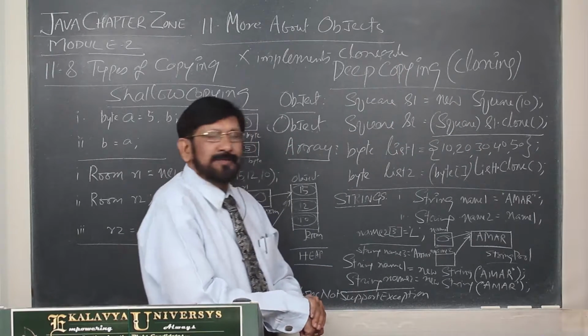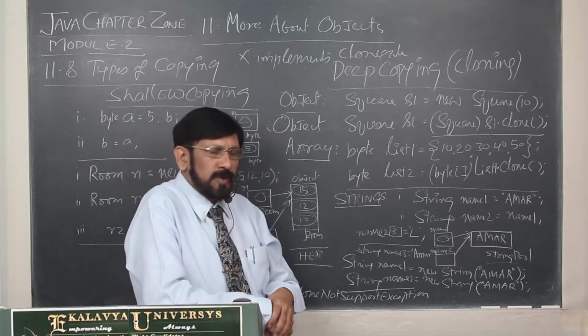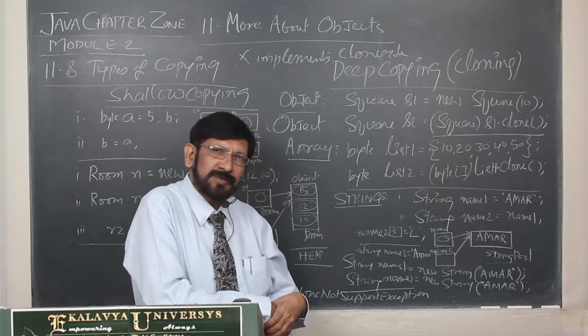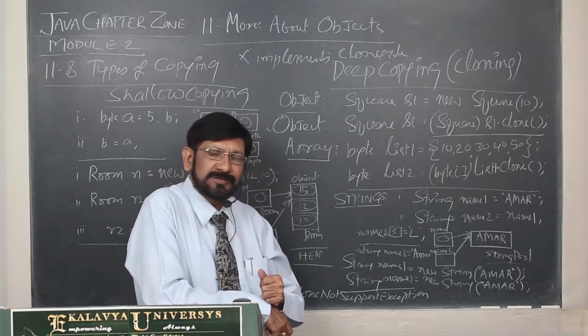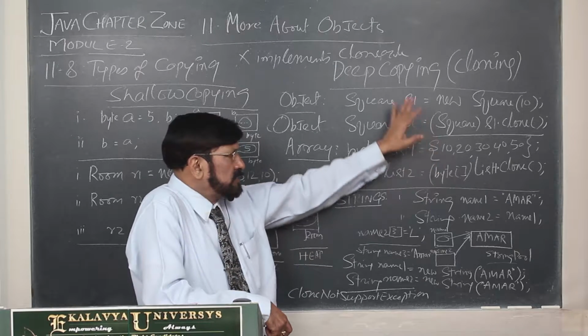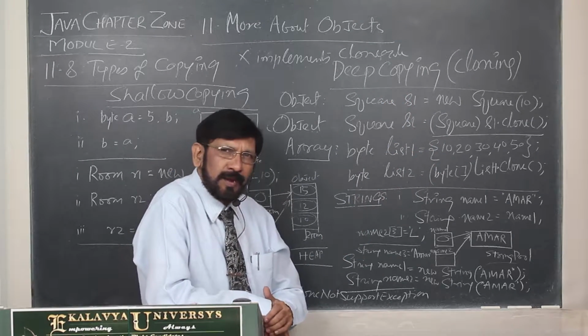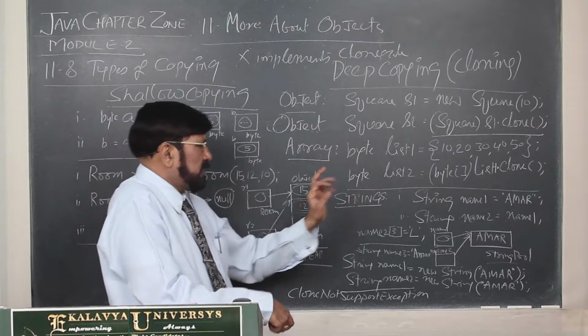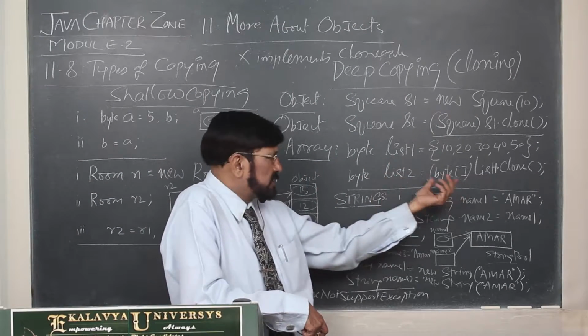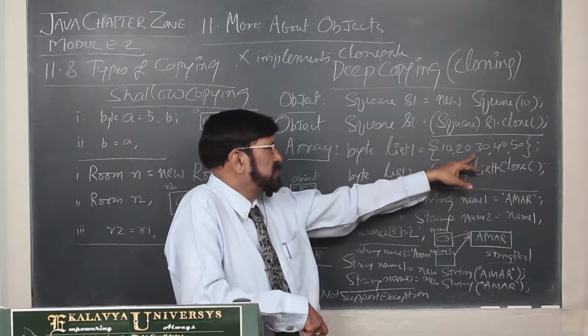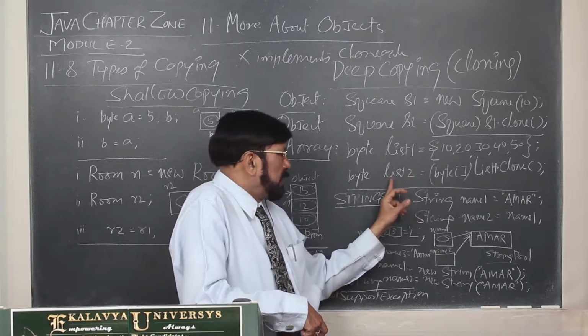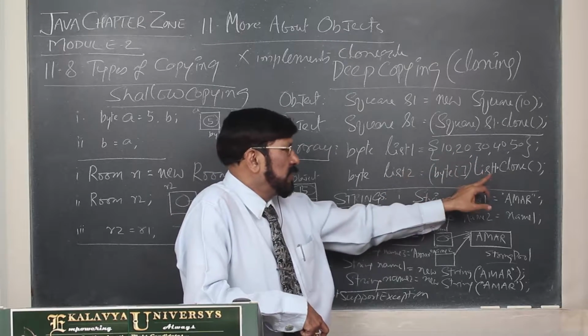And thereafter, as I told you already, an array is also one of the classes, one of the objects. So for cloning, the same principles are applicable and the same methodology you have to use. For that also I want to show you for syntax sake. List 1, this is the list 1 array. List 2, what you have to do?